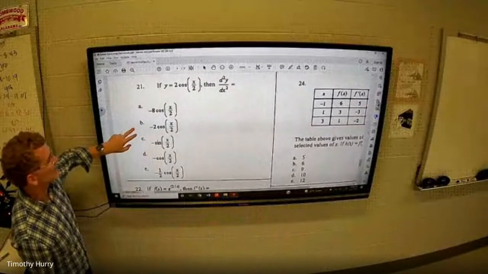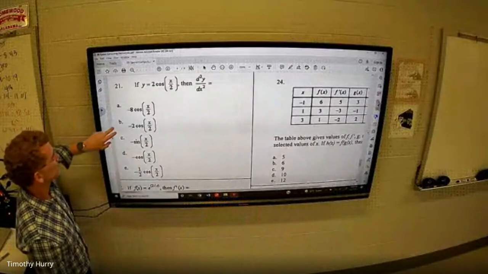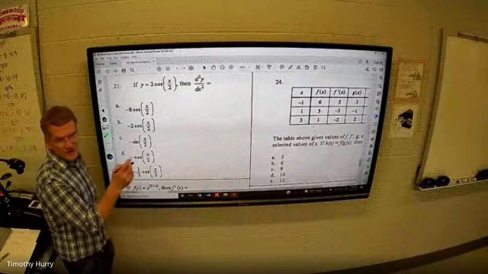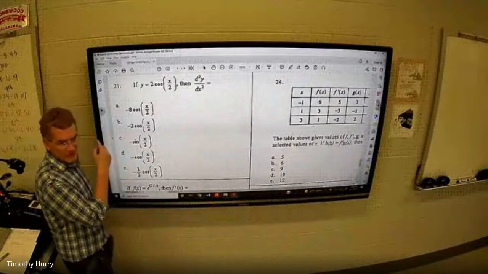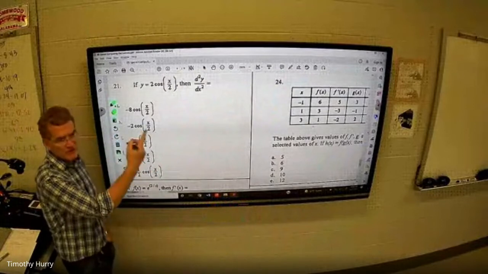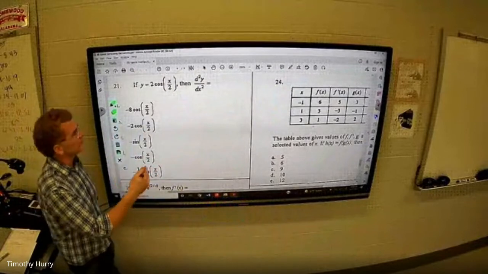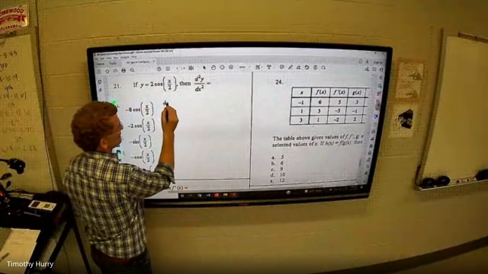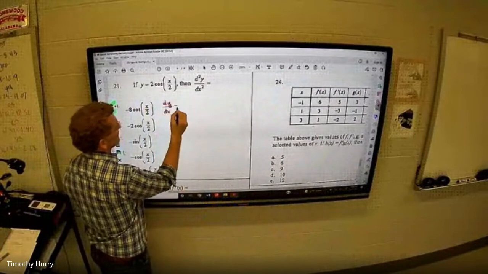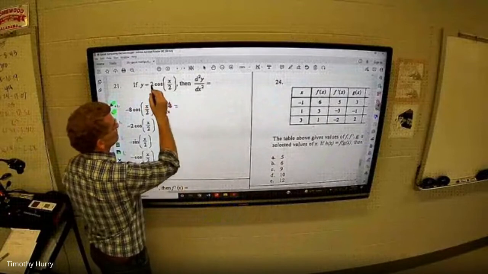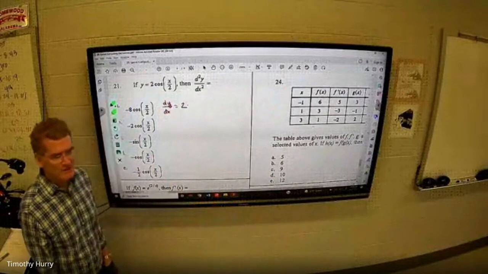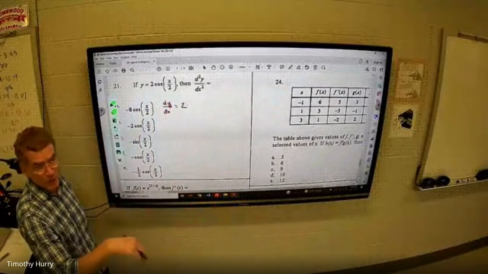21 is saying, take the derivative of the derivative. So I can't shortcut that. I can't jump from the function to the second derivative. I got to go through the first derivative. So let's just start by taking the dy dx. So what is dy dx? Drop down the constant. I always do that if I have 2 times. Just drop it down, unless there's a power to work with.